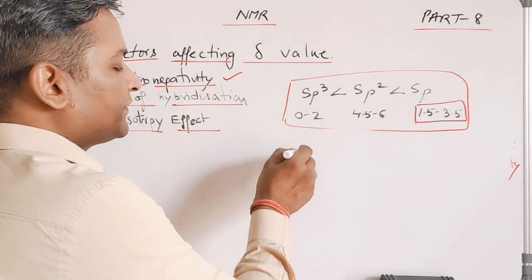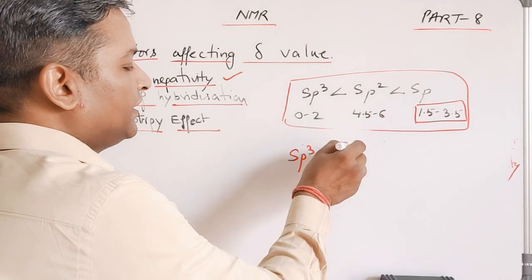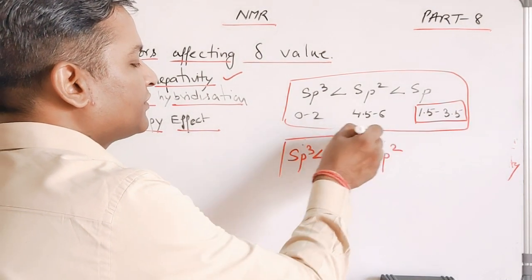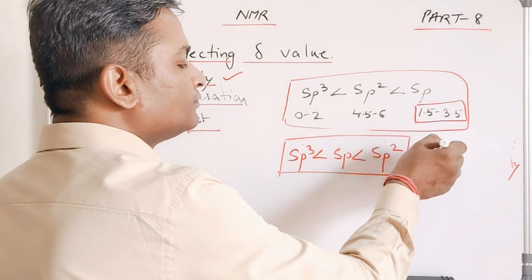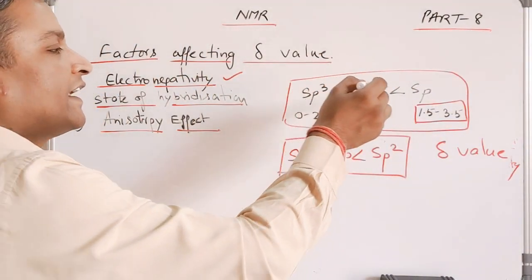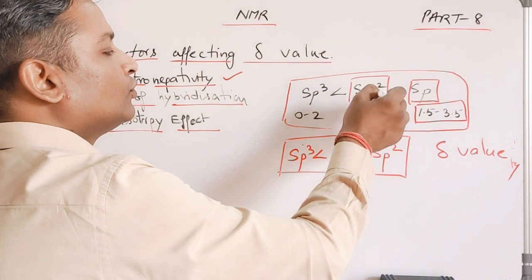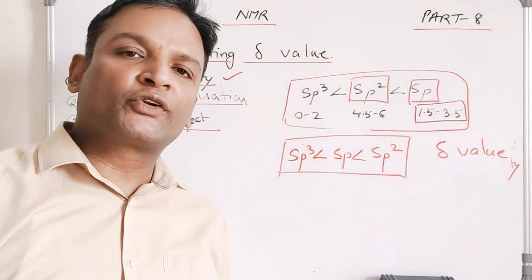So the actual order is sp3, sp, and highest is sp2. This is the actual order of the state of hybridization and the actual order of the delta value. Why sp shows less delta value and why sp2 shows a high delta value can be explained by another important factor.